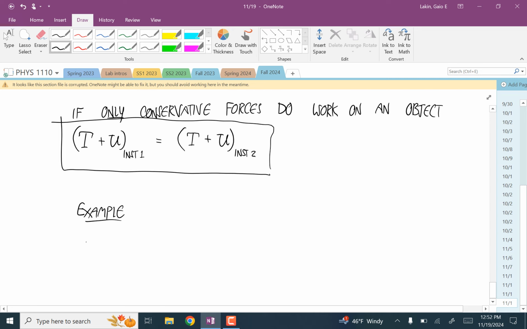So let's say an object falls to the floor from a height of 4 meters. How fast is it going just before it hits the ground?